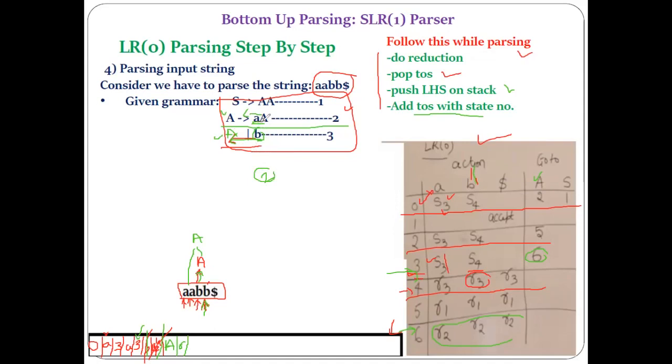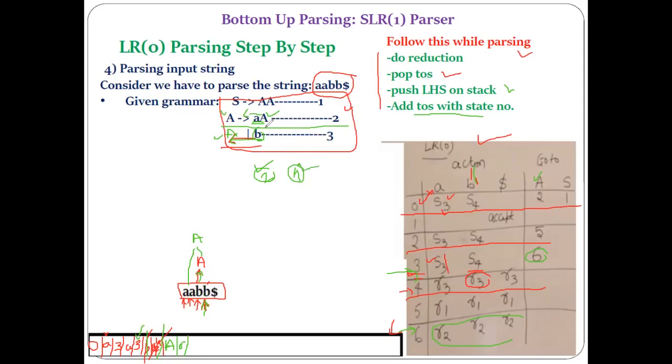When there are 2 symbols in the RHS reducing to the LHS, you have to pop 4 entries from the stack. This is very important.